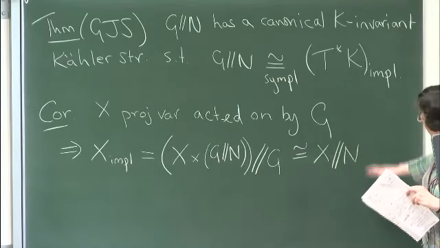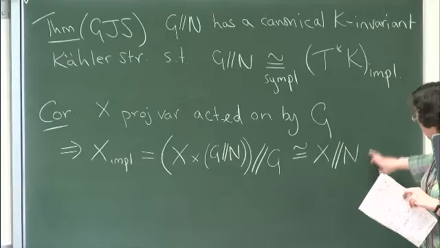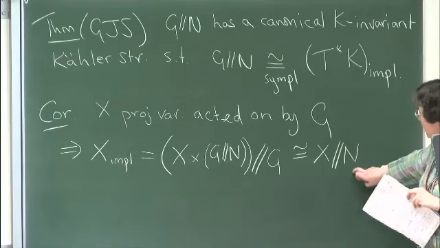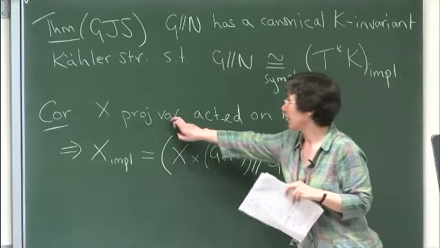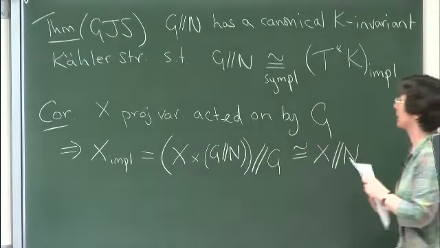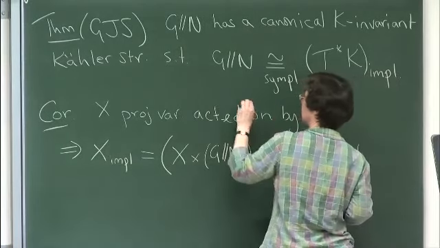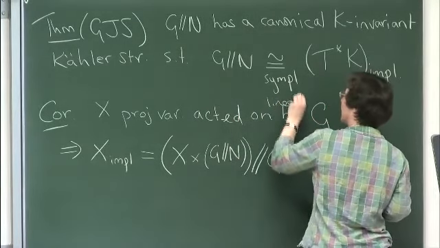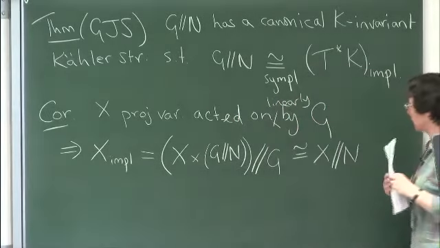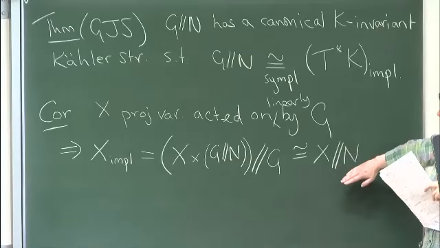So basically we're in a situation where we've got a non-reductive group acting linearly.